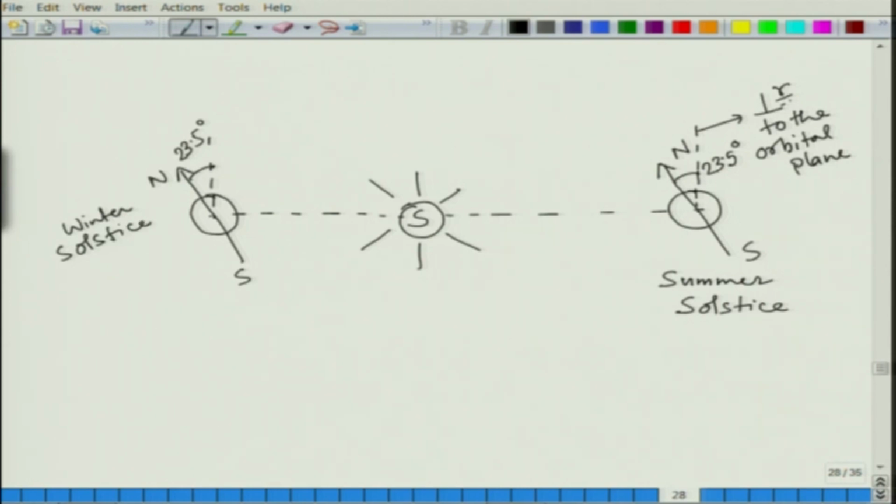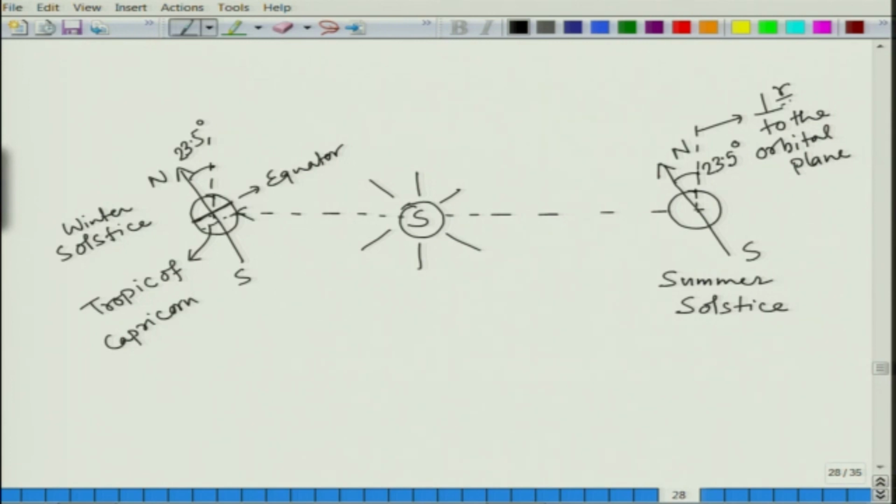So, you can see here where the sun ray is actually reaching normal to the surface. If this is the equator, the sun ray that is reaching normal is here. This is the tropic that we get, called the Tropic of Capricorn.